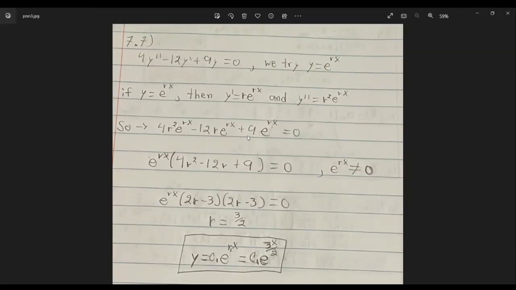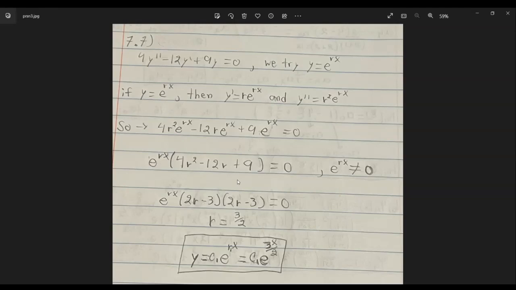So for number 7, it was almost the same as the last two. The start is we just set y equals e to the rx, and because y is equal to e to the rx, that means the first derivative is r times e to the rx, and y double prime is r squared times e to the rx. And so we substitute back to the original equation.